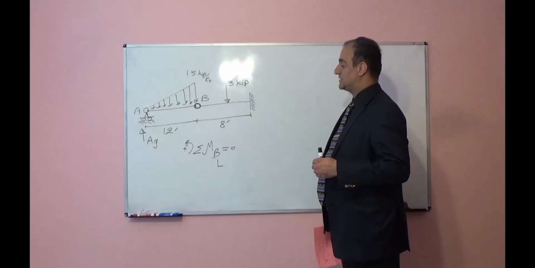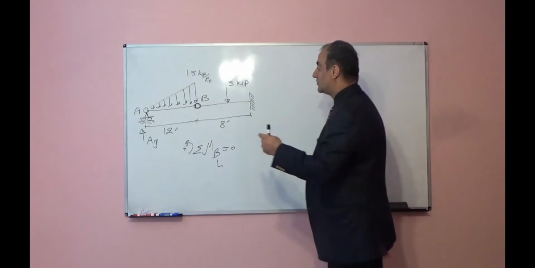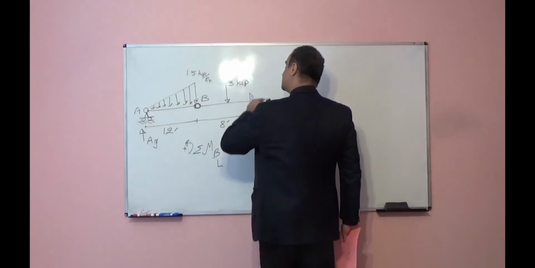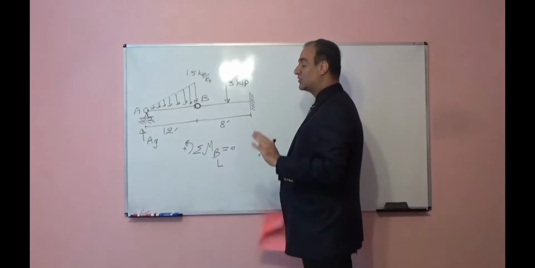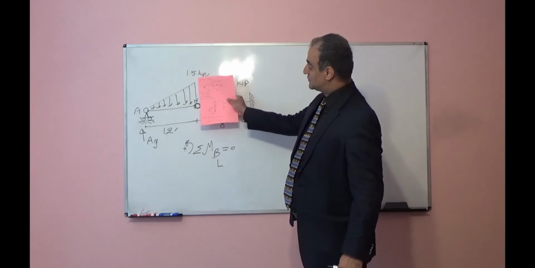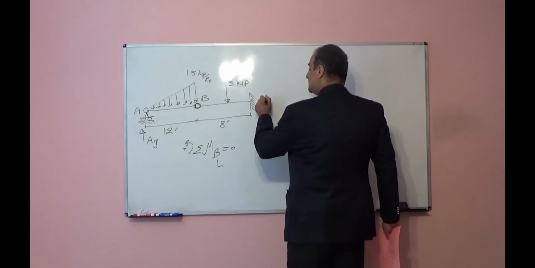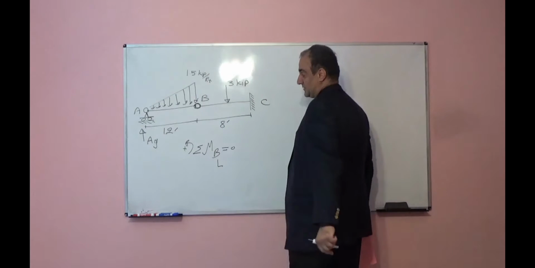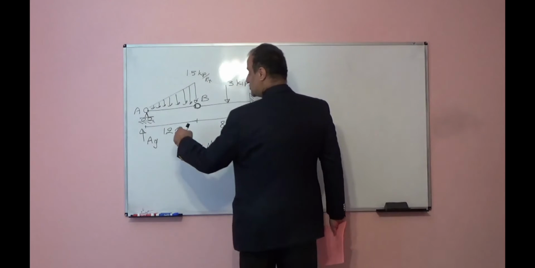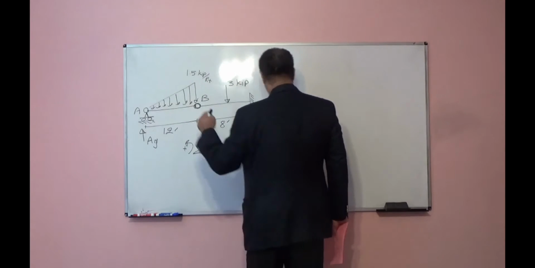Once we are writing the equilibrium equation for the left side, we will not care about the right side. Forget about the right side. Assume we don't see the BC part after point B.